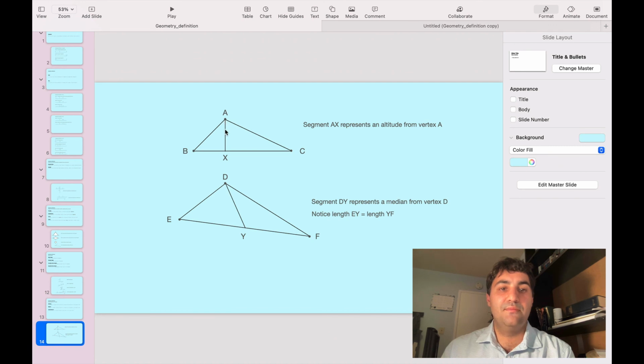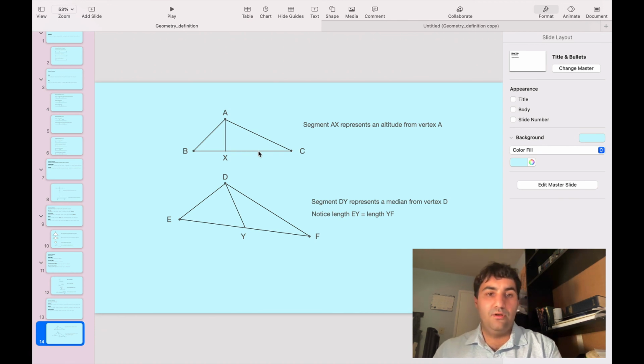We draw this segment in such a way that these two segments are perpendicular. So this angle AXC is a right angle, 90 degrees. And that's basically what an altitude looks like in a triangle.